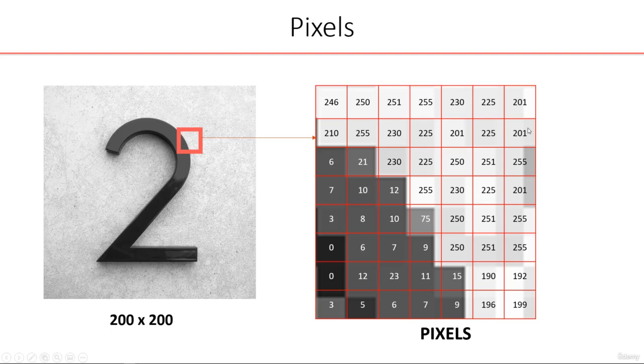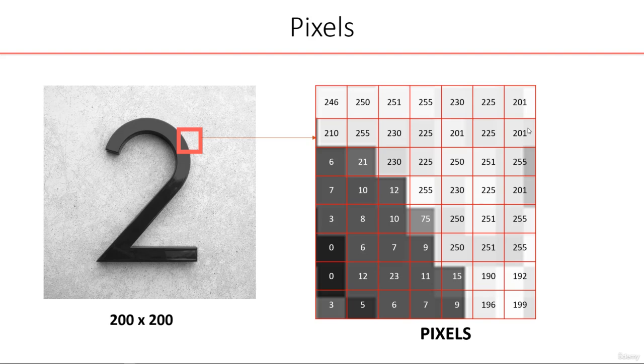Hope this now makes complete sense for you. These values basically hold some typical pattern or information. Values closest to 0 are dark in color. Values near 255 are white in color. Right? So this is about the pixels.